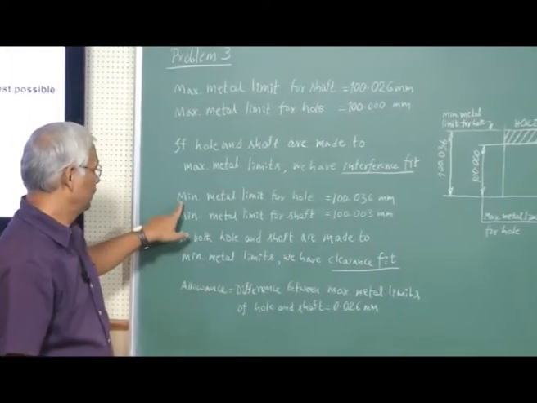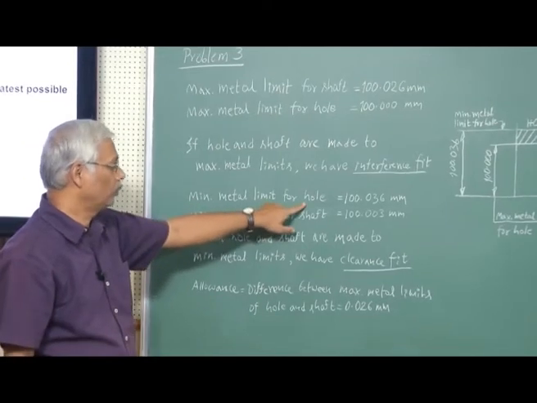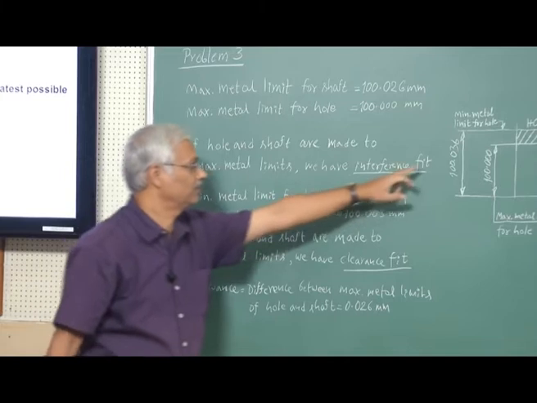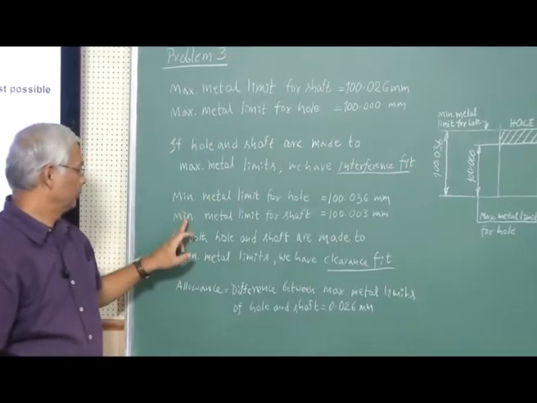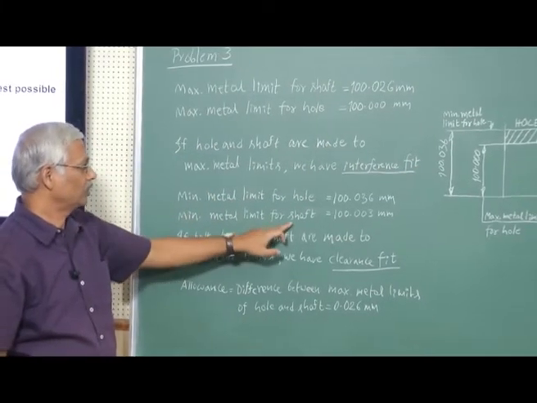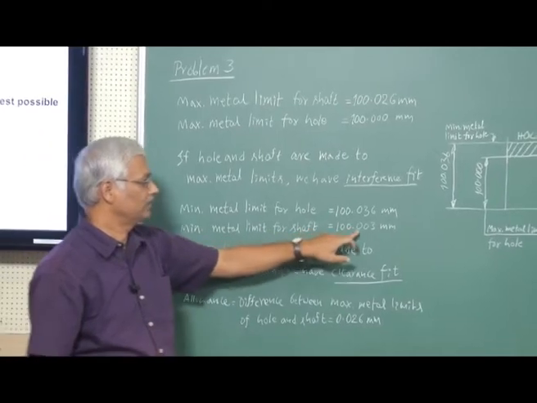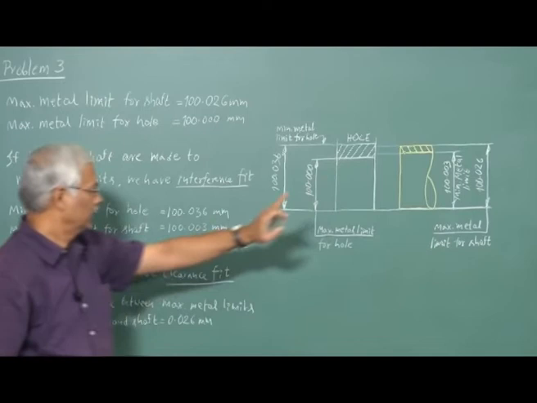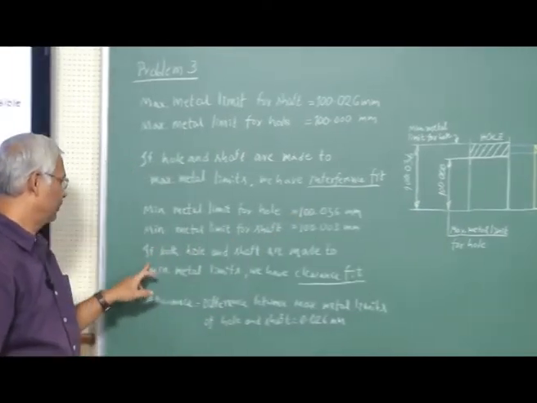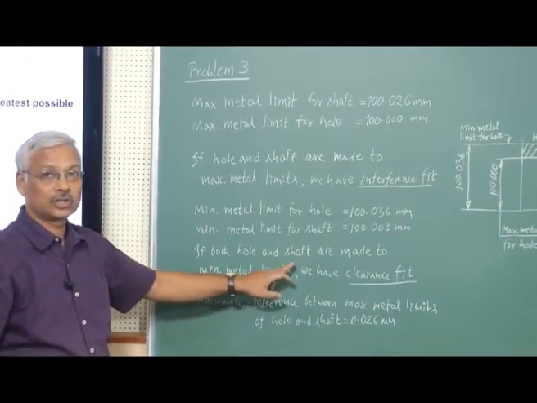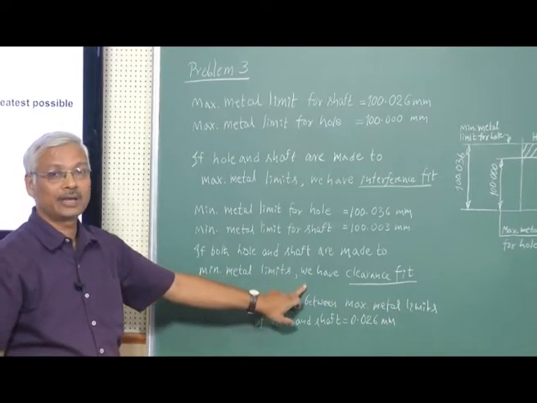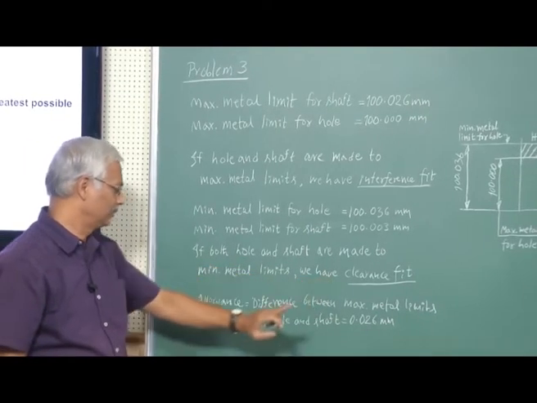And now minimum metal limit for hole is 100.036 millimeter, minimum metal limit for shaft is 100.003 millimeter. If both hole and shaft are made to minimum metal limits, then we will be having a clearance fit.